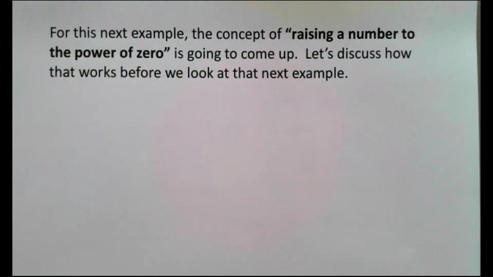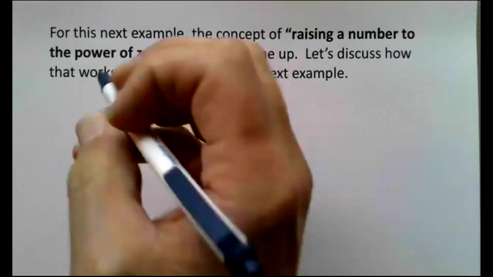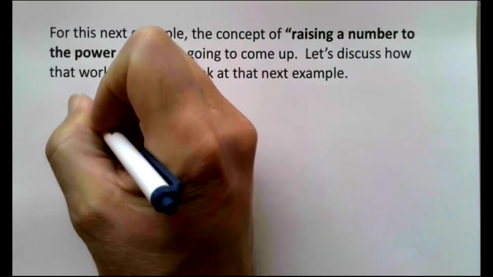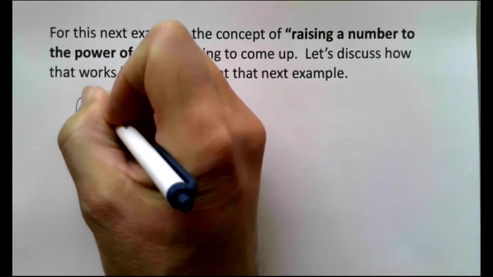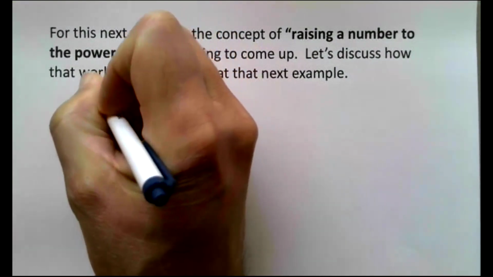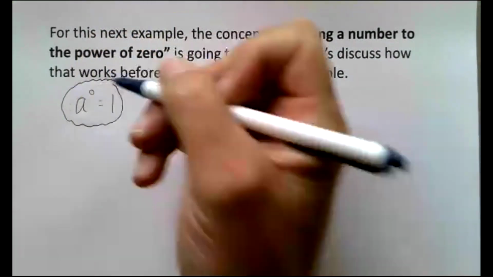What's the rule? Well, the rule is that basically anything to the power of 0 equals 1. That's the rule.